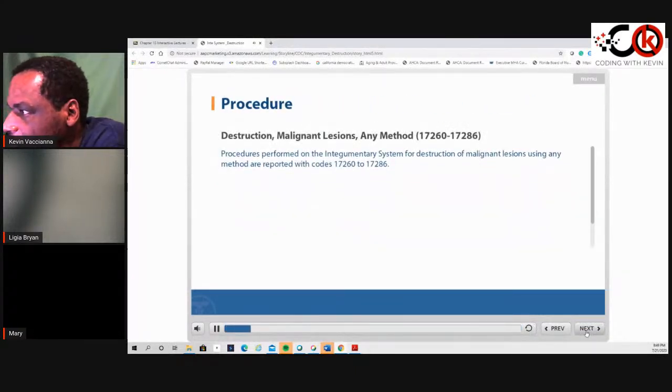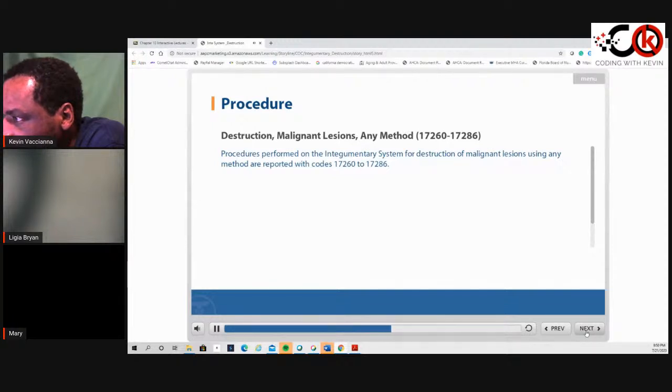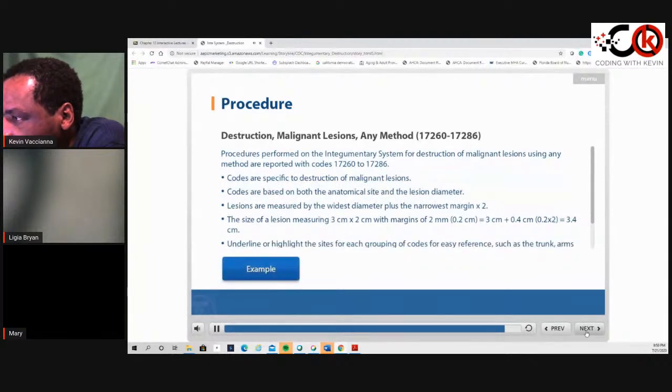Procedures performed on the integumentary system for destruction of malignant lesions using any method are reported with codes 17260 to 17286. Key aspects to consider when coding for malignant lesion destruction include the following. Click on the examples to learn more. Codes are specific to the destruction of malignant lesions and are based on both the anatomical site and the lesion diameter.